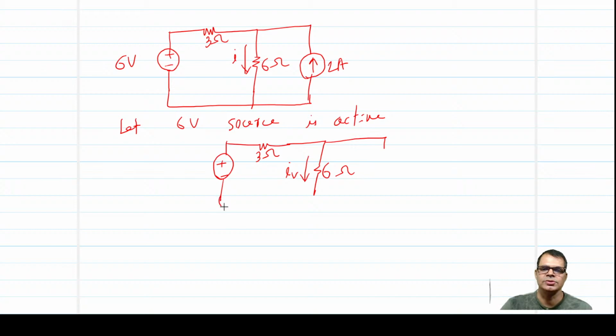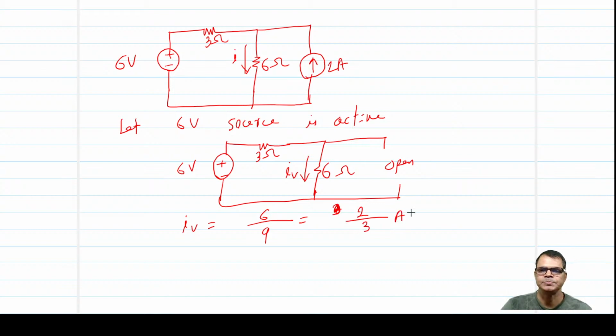So the ideal current source will be open. So your current due to the voltage source only, you can easily see, is 6 upon 9, so that is 2 upon 3 ampere.